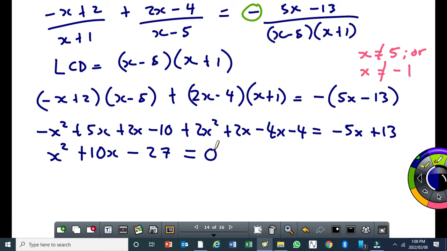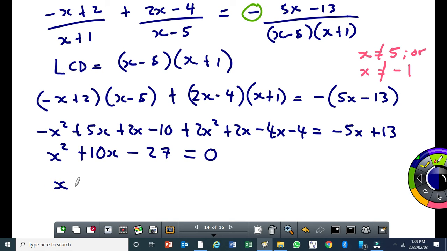Is it possible to factorize that trinomial? No, you can't factorize it. So, based on the knowledge that you have so far, you are supposed to stop here. But we are going to carry on. I'm going to use the quadratic formula, which I will introduce in the next few days.